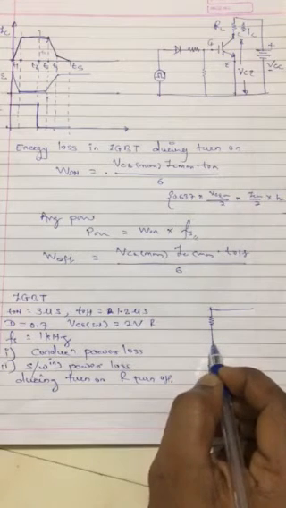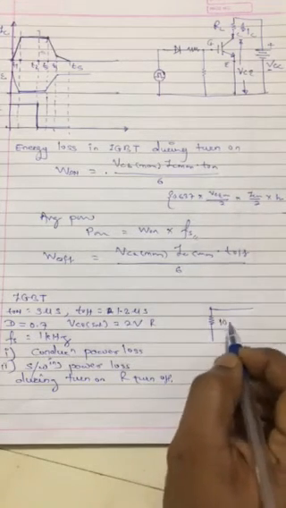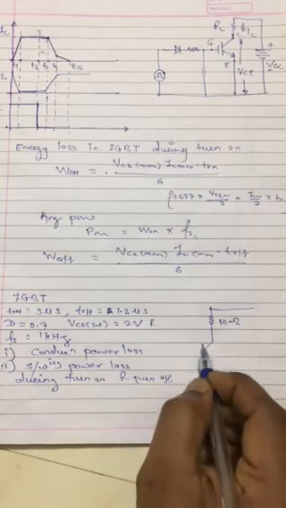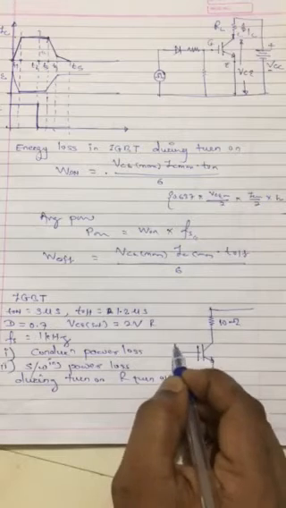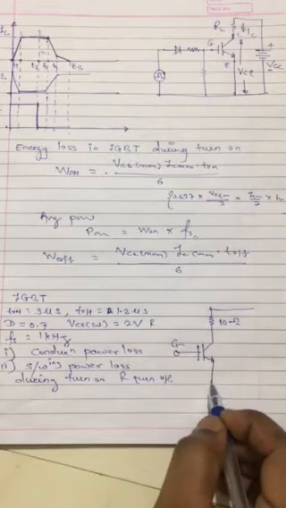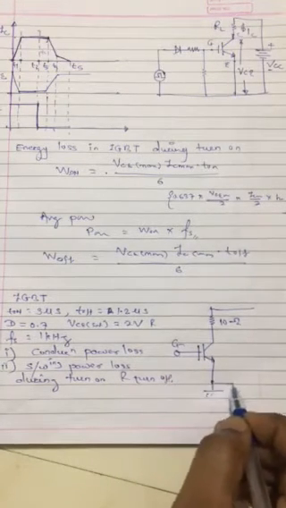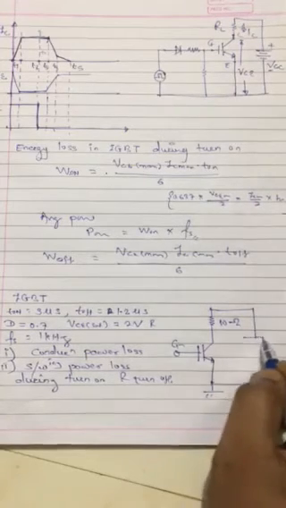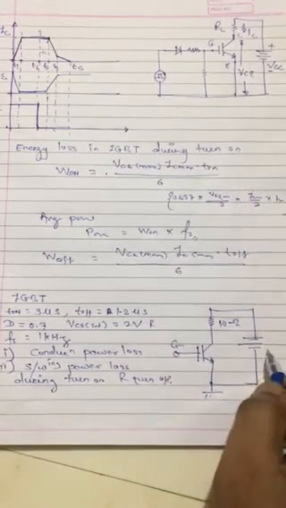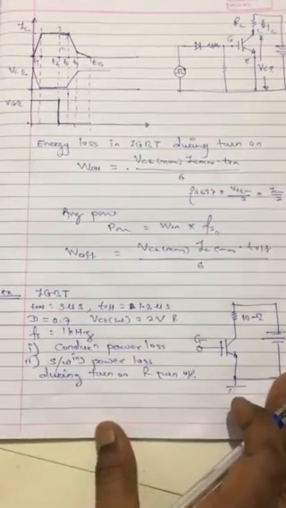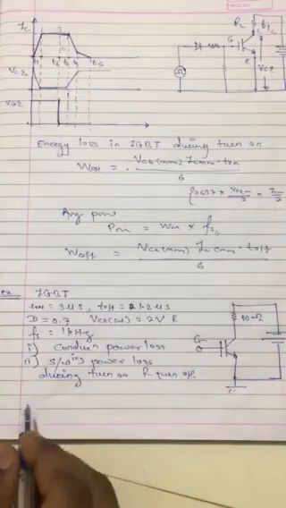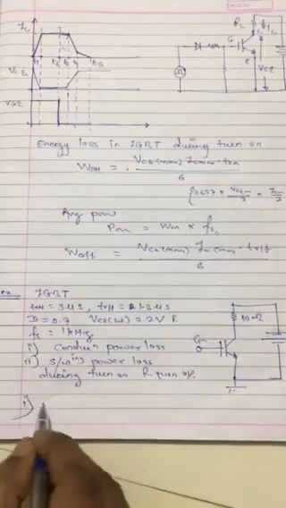A resistance of 10 ohm, then the IGBT, and here VCC applied is 200 volts. Now see, it is very simple to find the losses. First is conduction loss.